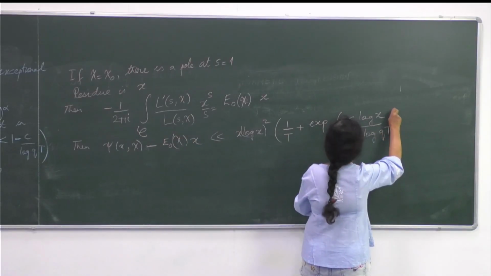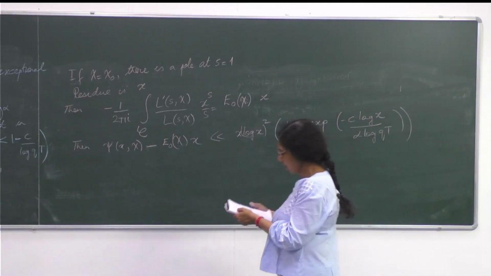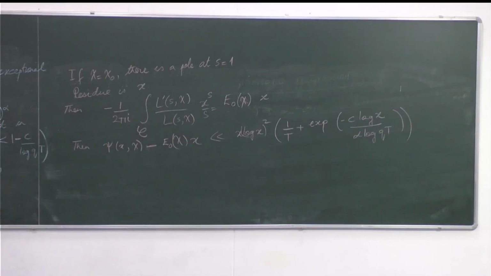So this is the case 1, where there is no exceptional 0.